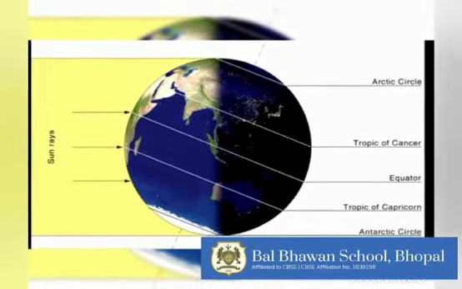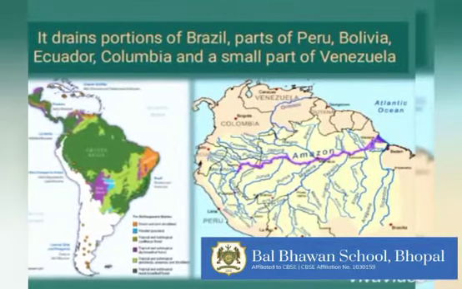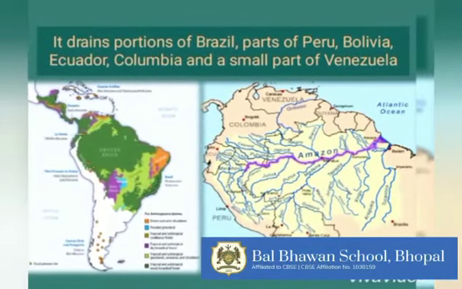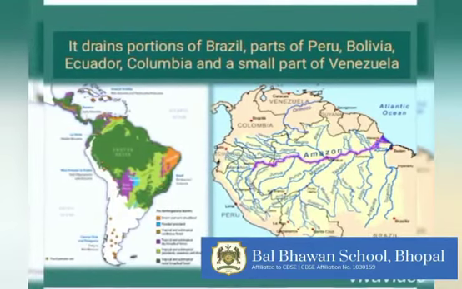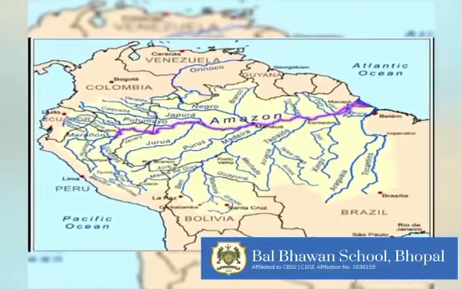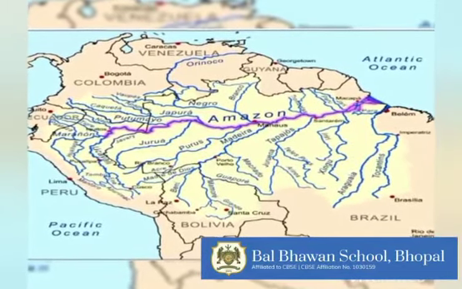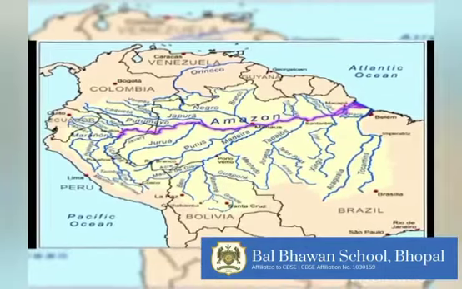It is considered the world's largest river as it carries more volume of water than any other river on the planet. It is also the world's second longest river after the Nile. The Amazon originates in the Andes Mountains and flows east through Brazil towards the Atlantic Ocean.